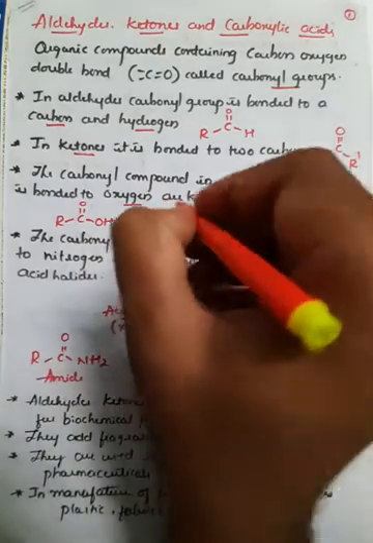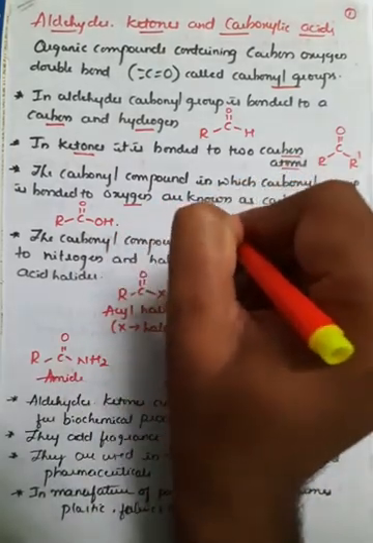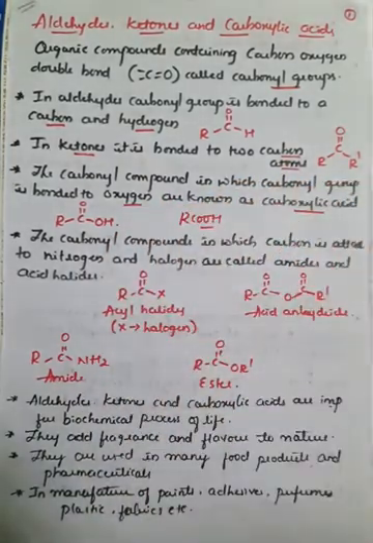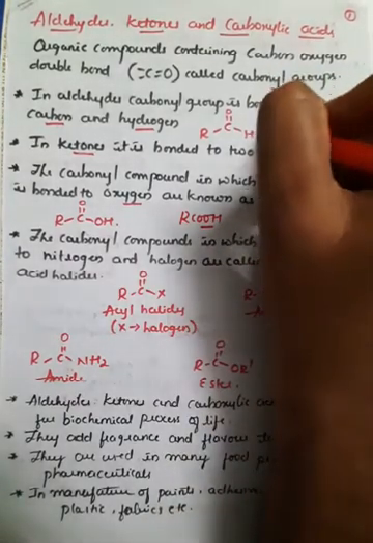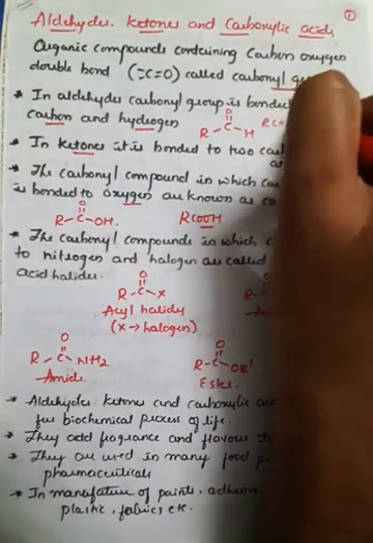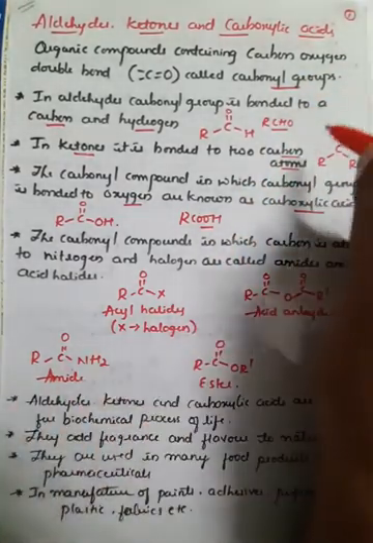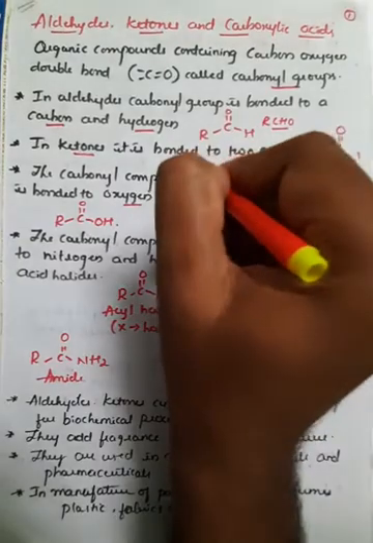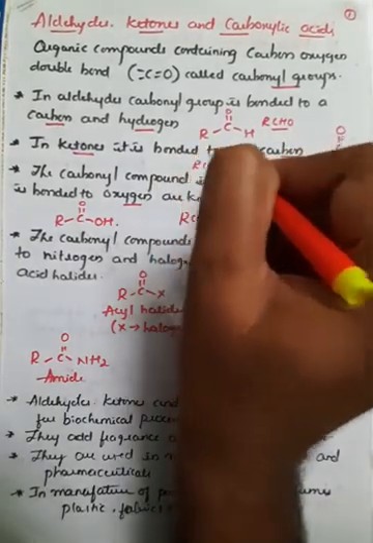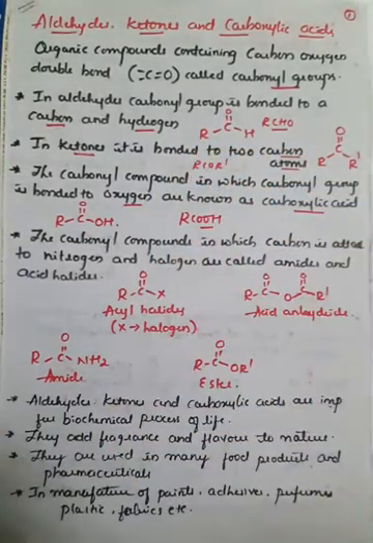So therefore it is in the form of RCOOH. And this aldehyde is in the form of RCHO. And this ketonic group is in the form of RCOR dash, right?